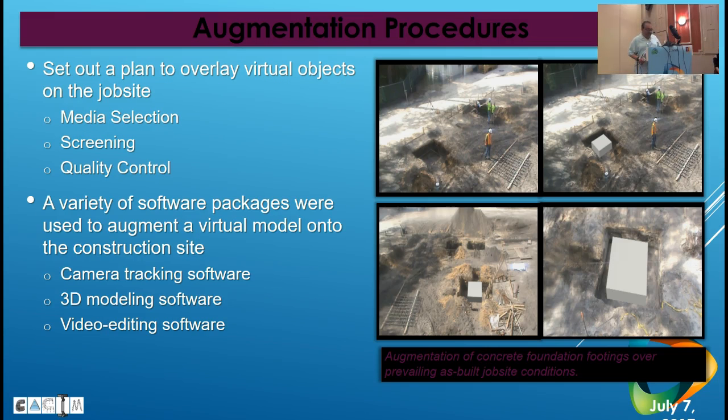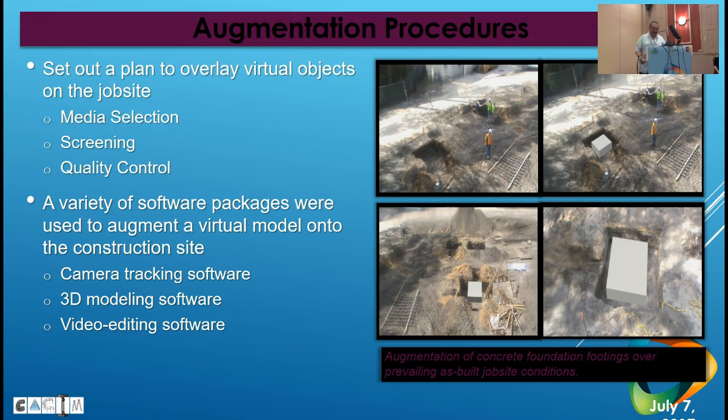We had to make decisions on media selection, screening, and quality control. We used a variety of software tracking packages, including camera tracking software. That way we can pose the camera angle in our augmentation and match the camera angle of the drone or regular camera. We used 3D modeling software, and we also used video editing software.